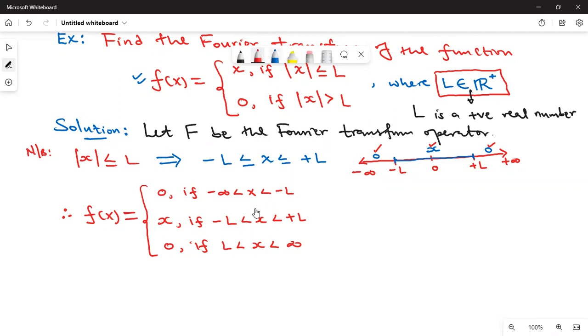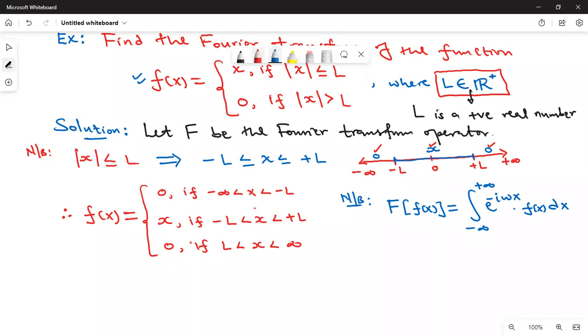By definition, take note that the Fourier transform of f of x is the integral from negative infinity to positive infinity of exponential negative i omega x times f of x dx.